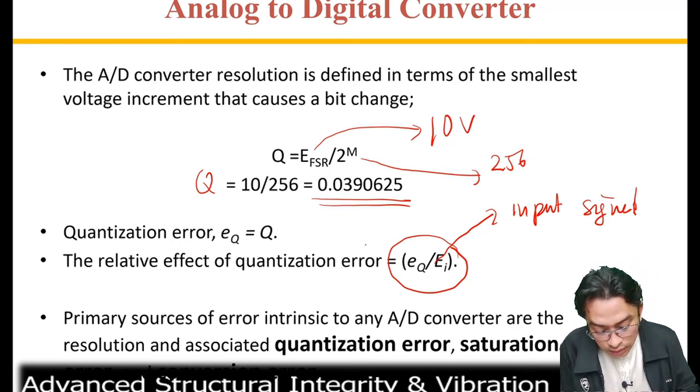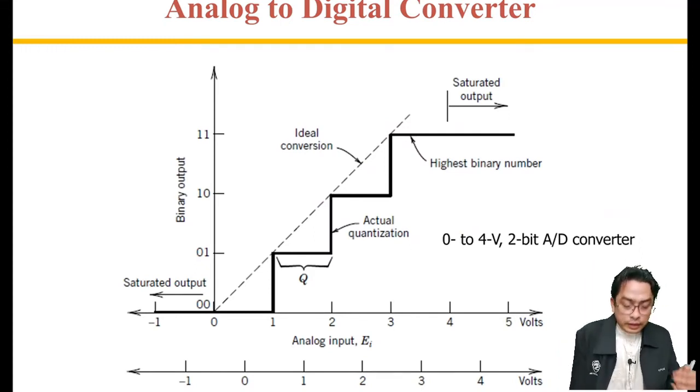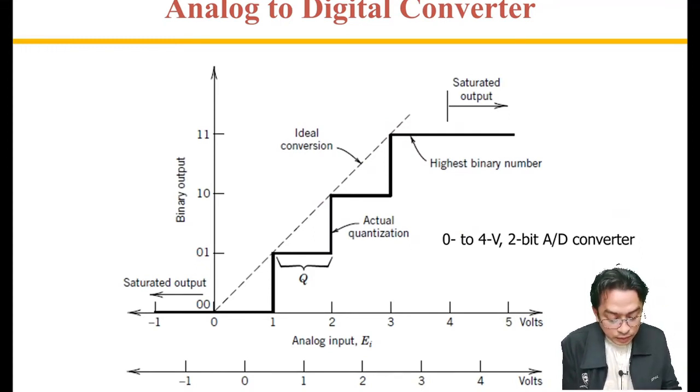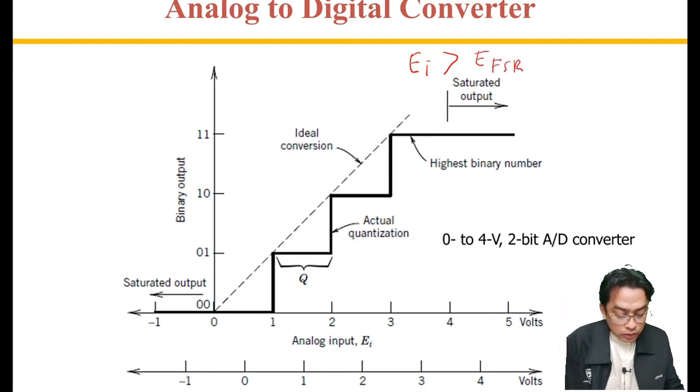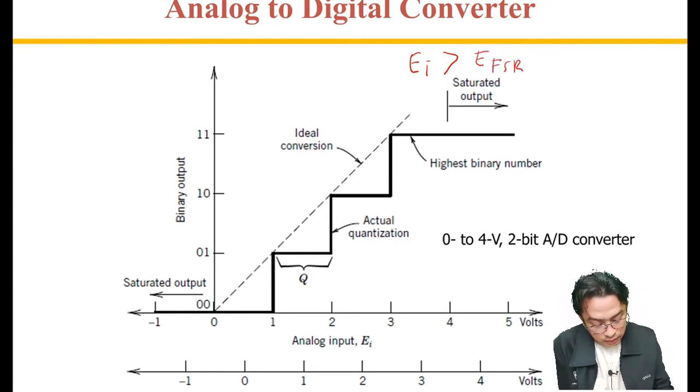For the saturation error, let's say we have the input signal EI a lot higher than the FSR. So what will happen is the signal will go above this limit.